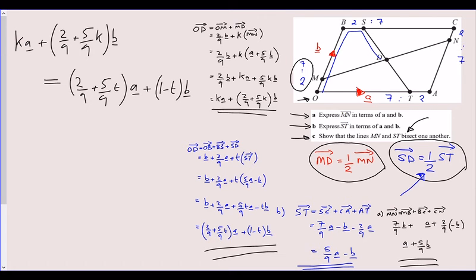So we've got 2 over 9, and now I'm going to compare coefficients. So on this side here I've got K, and on this side here I've got this expression.